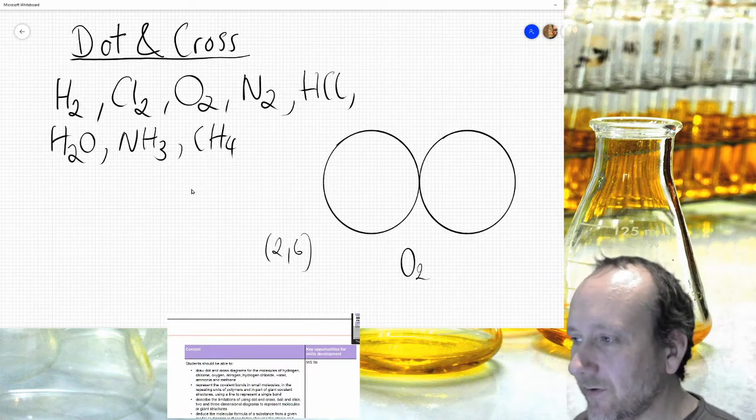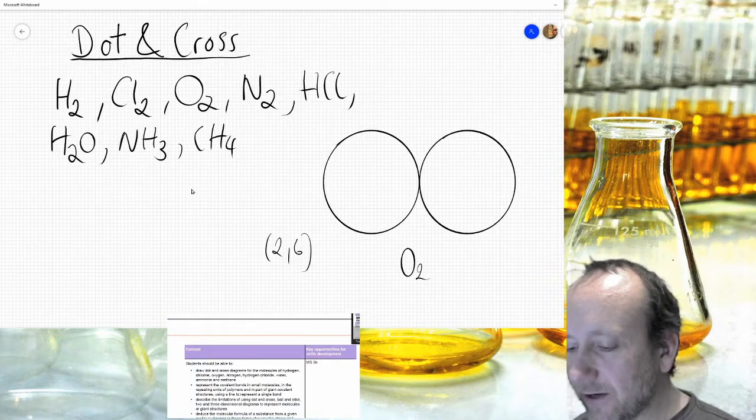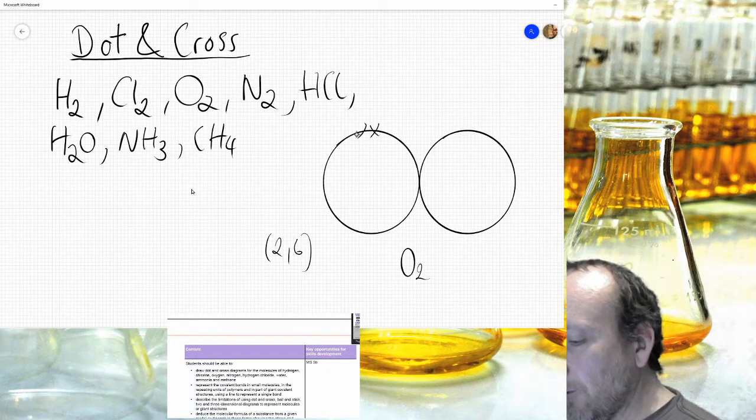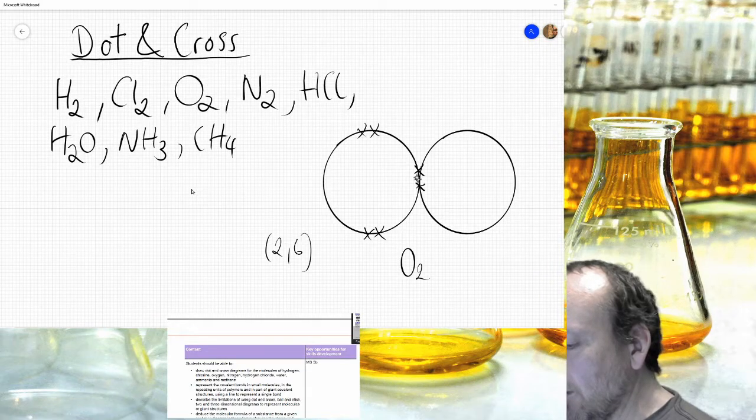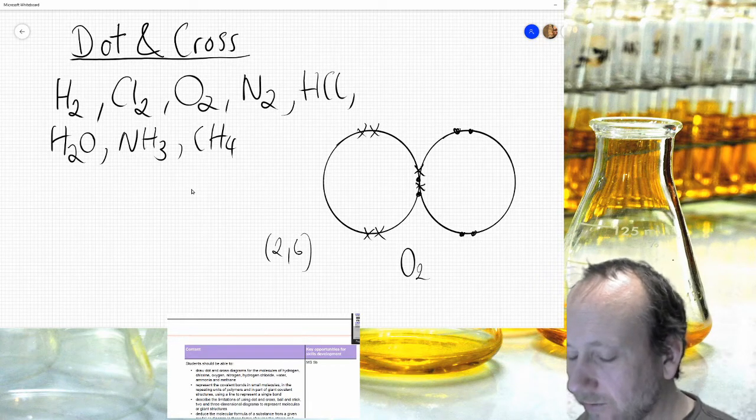How many electrons does it need to share in order to get to 8? Well, if it has 6 outer electrons, it needs to share 2. So it has 4 that it doesn't need to share, and 2 electrons that it does need to share. So either side has 4 that it doesn't need to share, and then 2 that it does. And there we are, a perfect picture of oxygen.